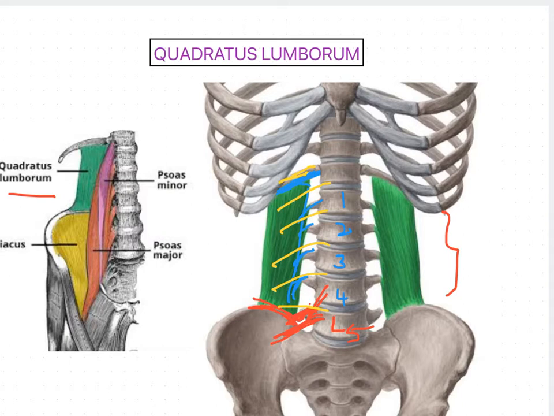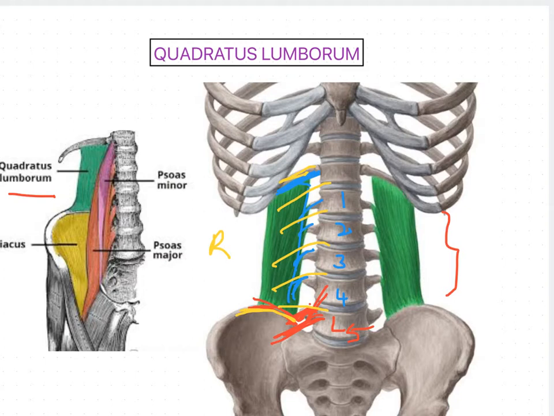Next, when the pelvis is fixed, it causes lateral flexion of the vertebral column. That means if the right side of the pelvis is fixed, it causes right side lateral flexion.